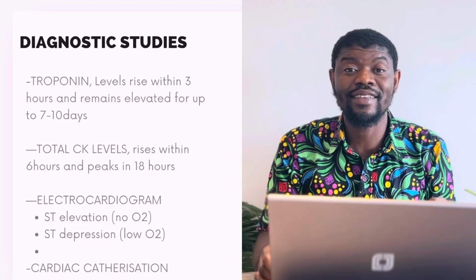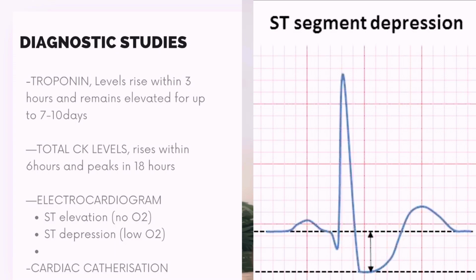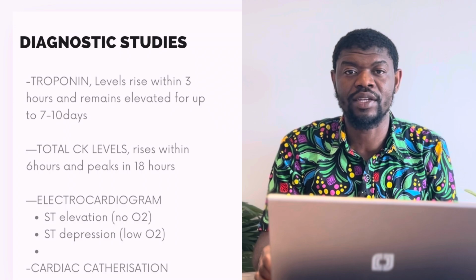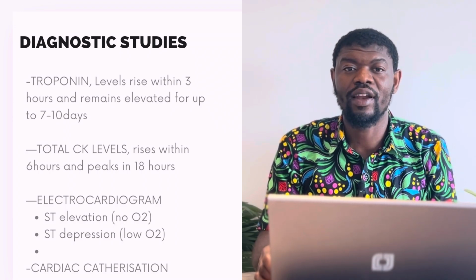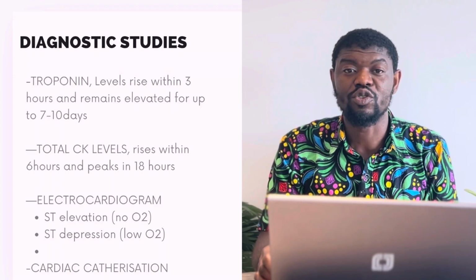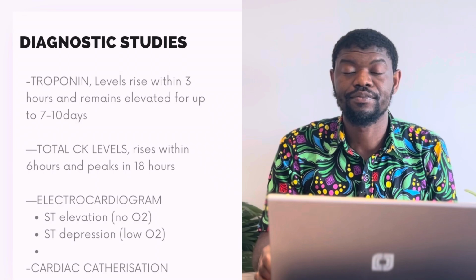However, when you have ST depression, it indicates that there is very little or a low amount of oxygen getting to the myocardium. And so an EKG is one of the quickest things you can do to determine whether someone is actually experiencing an MI.